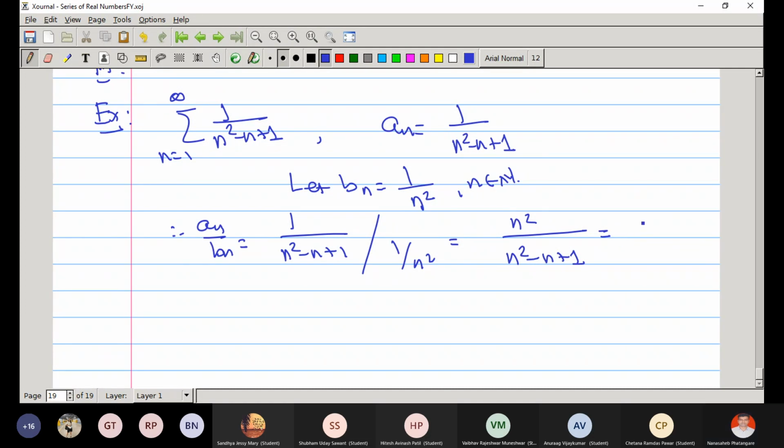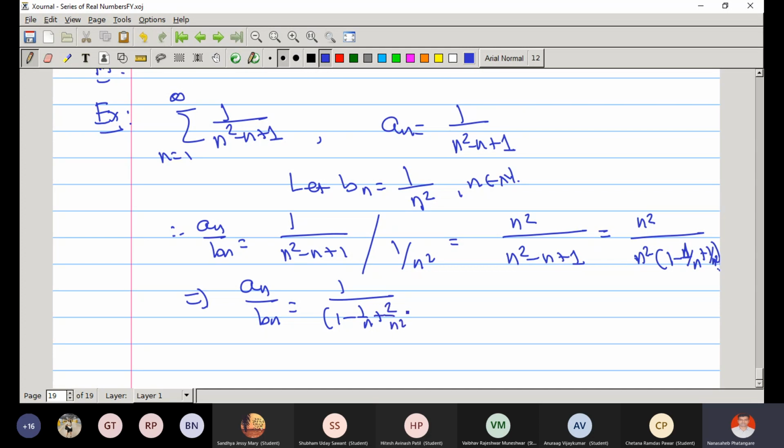Yes, we can take n square outside, so that an upon bn is 1 upon 1 minus 1 by n plus 1 by n square.